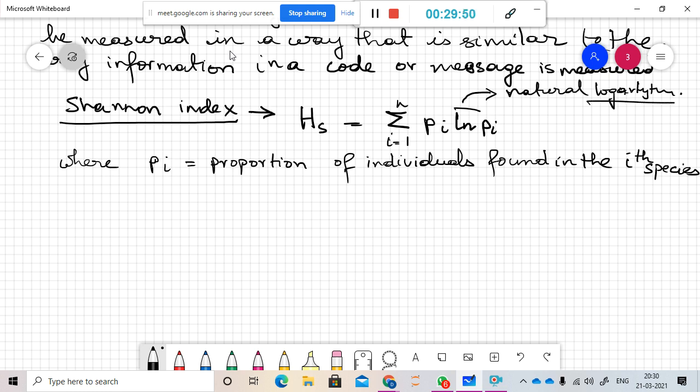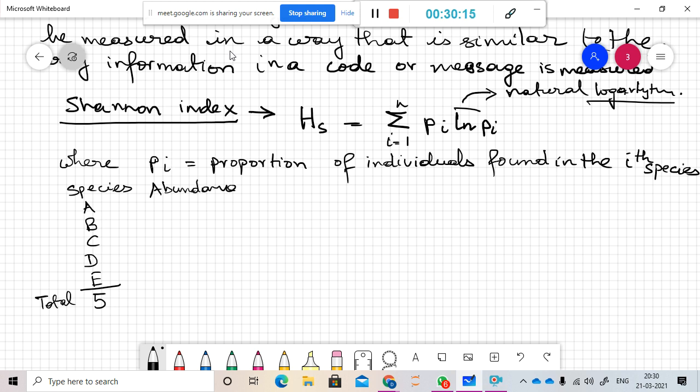Logarithm. So let us look at a table. Species A, B, C, D, E. Here the total number of species is 5. Abundance, how many are present?